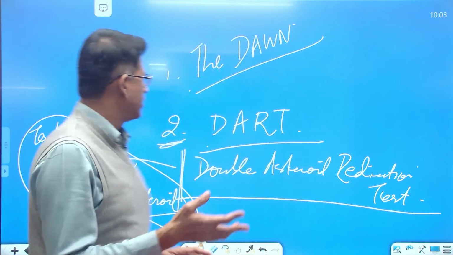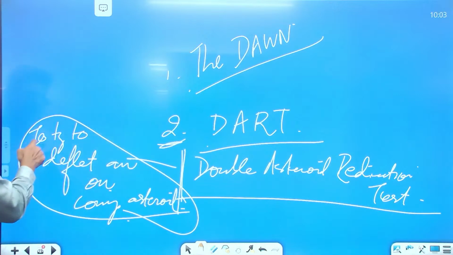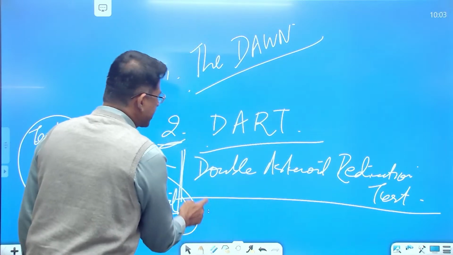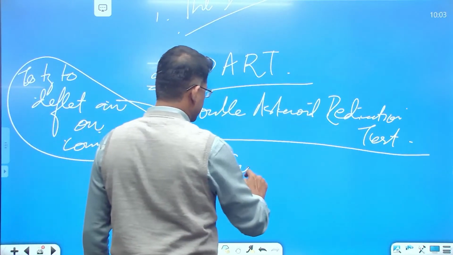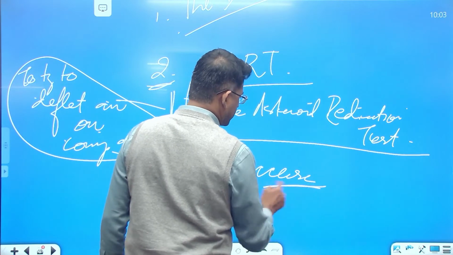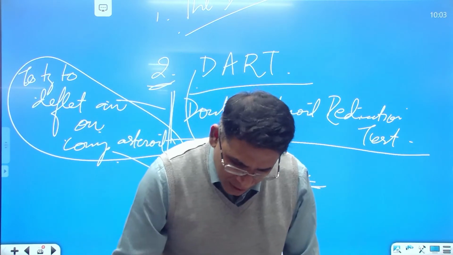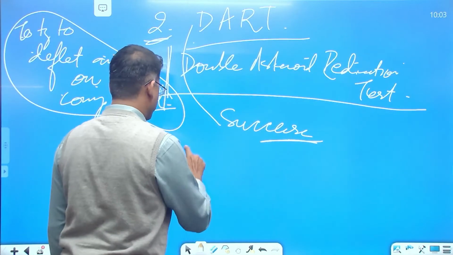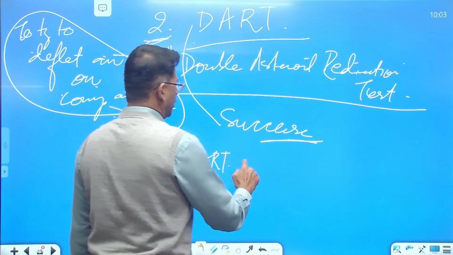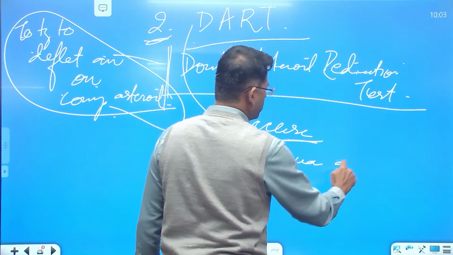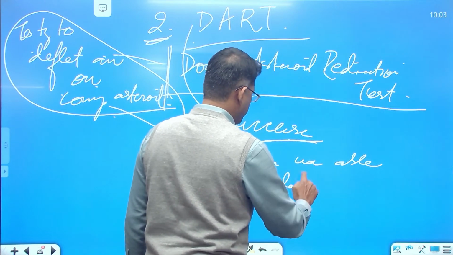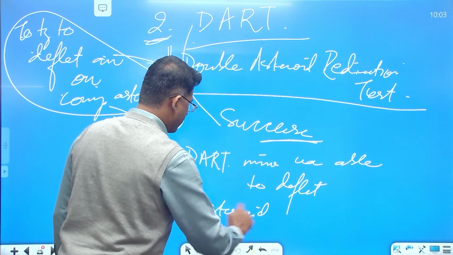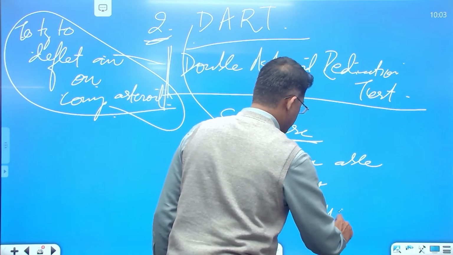So the DART mission was to try to deflect an oncoming asteroid, and NASA succeeded. The DART experiment was a success. They managed to deflect an asteroid called Dimorphos.